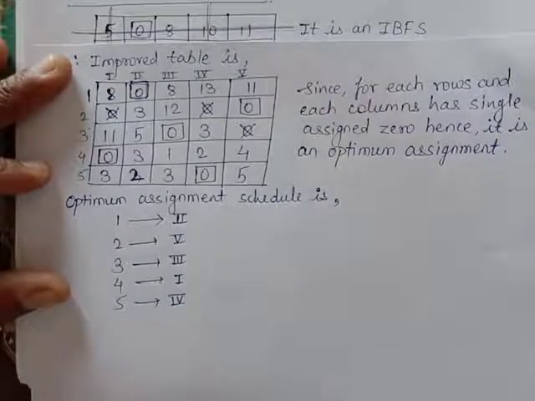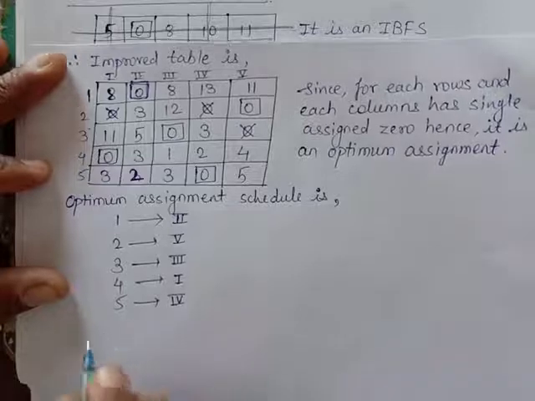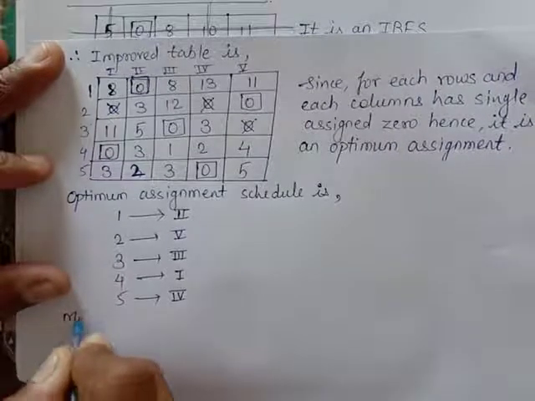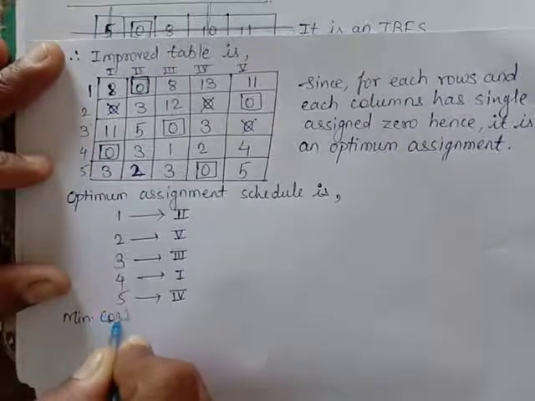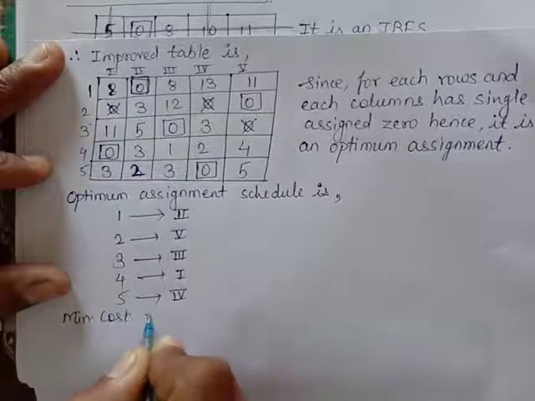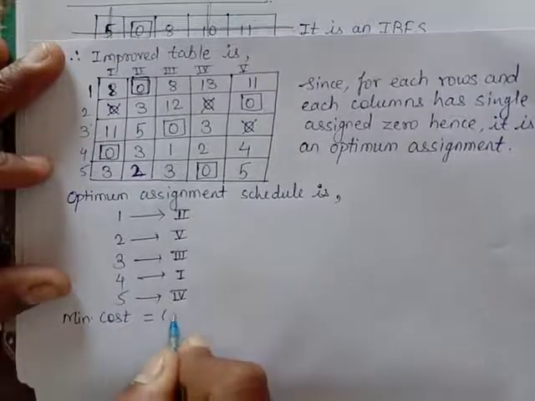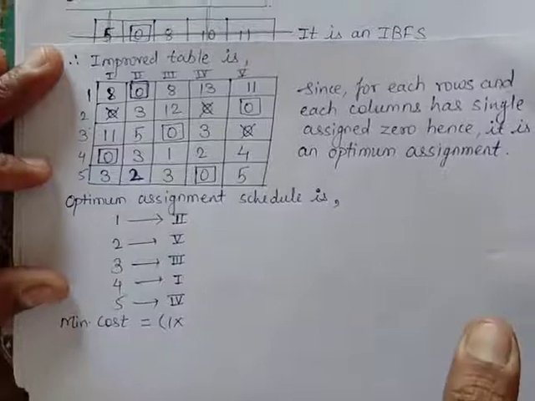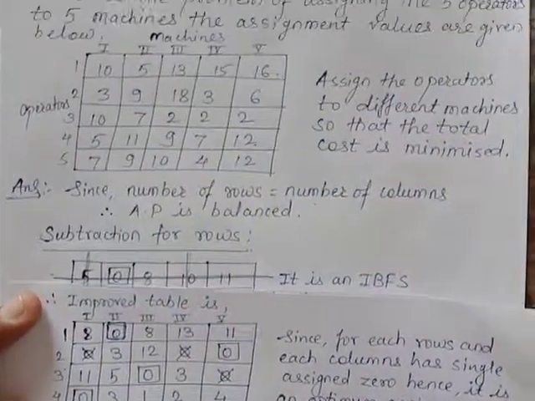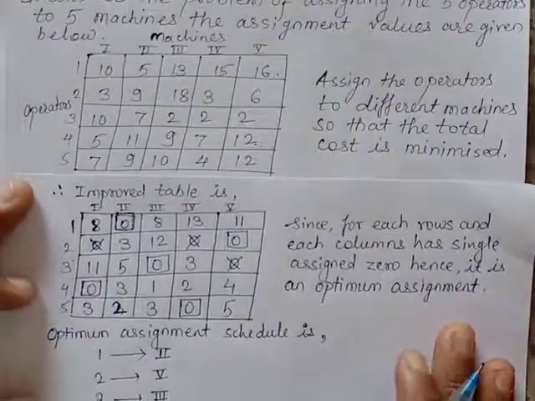Okay, and the minimum cost is, what is it? It will be 1 into, which matrix do we have to look at? We have to look at the original matrix in the given problem.